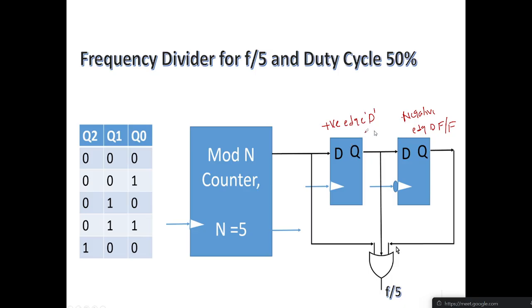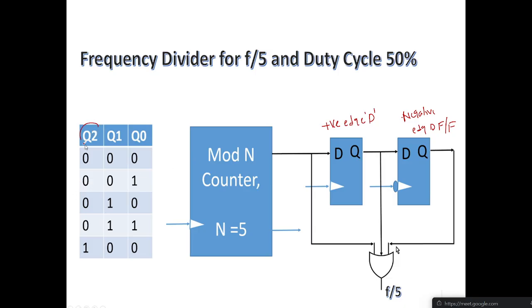So here you are using two flip flops. Suppose I want to reduce the circuit complexity. Is there any alternative option? I don't want to use two flip flops, I want to use only one flip flop.